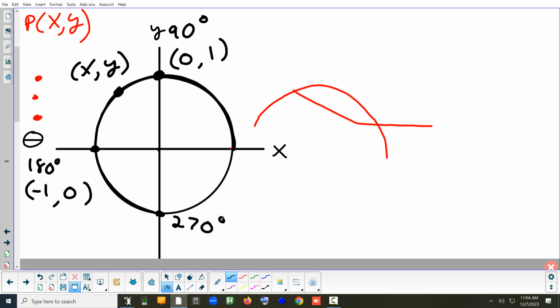And what do you think the coordinate is for 270? 0, negative 1. And that point could either be 0 degrees or 360, depending if you visualize going around more than once. 0, which is the same as 360. And what's the coordinate for that? 1, 0.